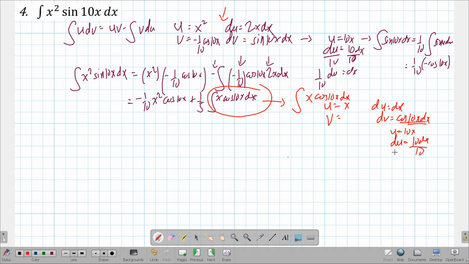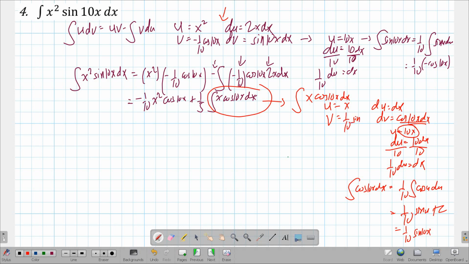So this is again the reason why we get a 1/10 dx is equal to du/10. Thus, the integral of cosine 10x dx becomes 1 over 10 integral of cosine u du, which is actually 1 over 10 sine u plus c. And u is, in this specific integration, 10x. This becomes 1 over 10 sine 10x.